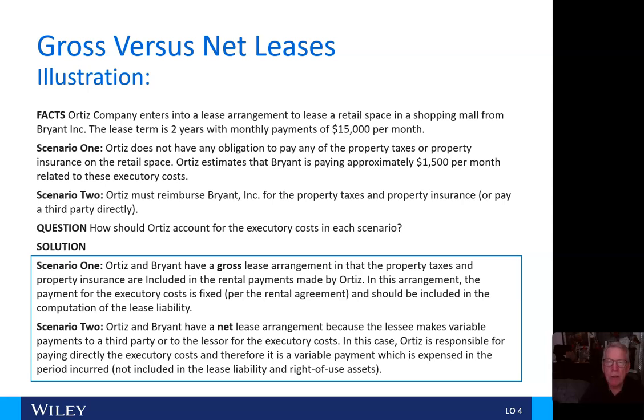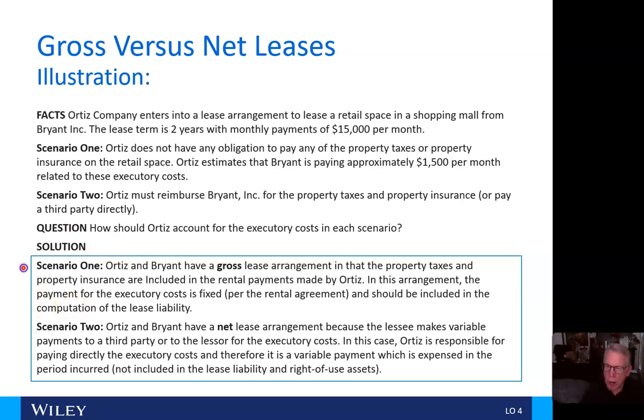Ortiz estimates that Bryant is paying approximately $1,500 per month related to these executory costs. In scenario number 2, Ortiz must reimburse Bryant Incorporated for the property taxes and property insurance or pay a third party directly. The question, therefore, is how should Ortiz account for executory costs in each scenario?